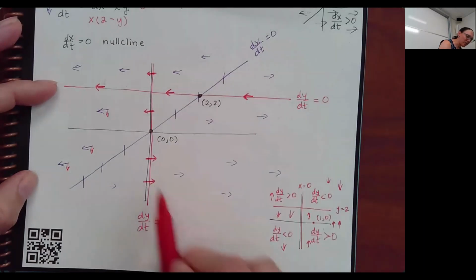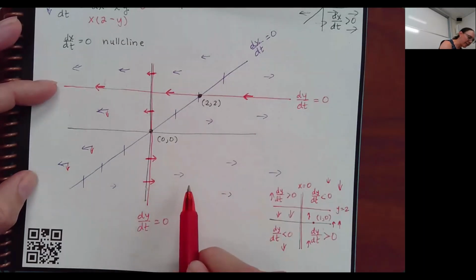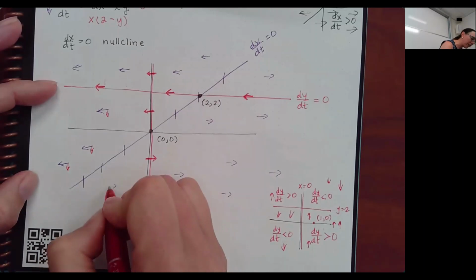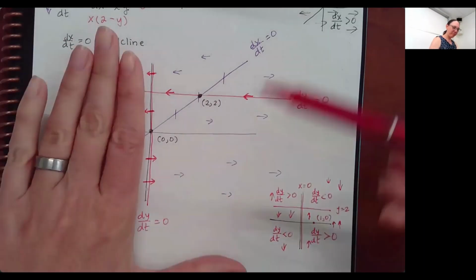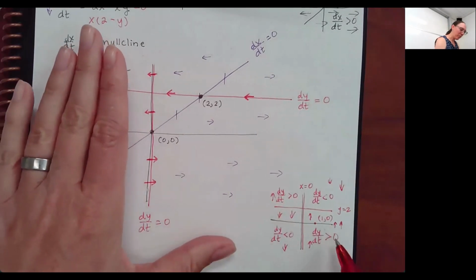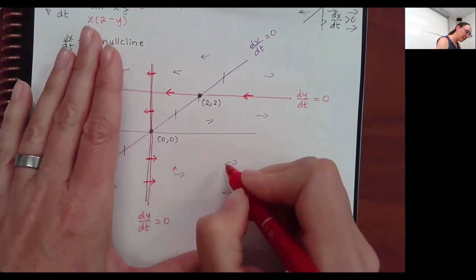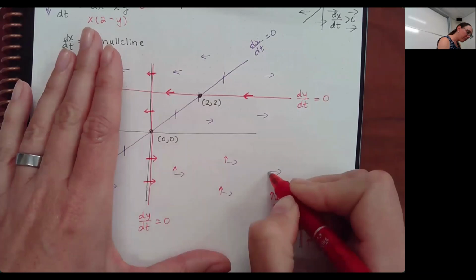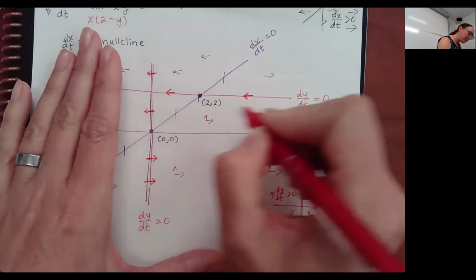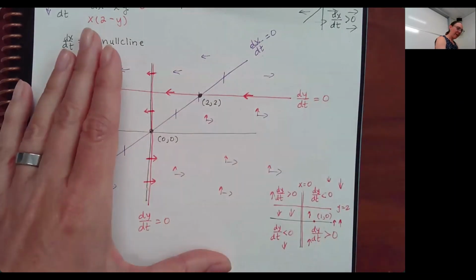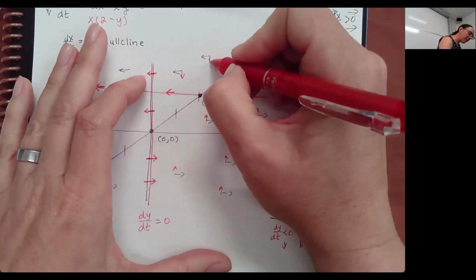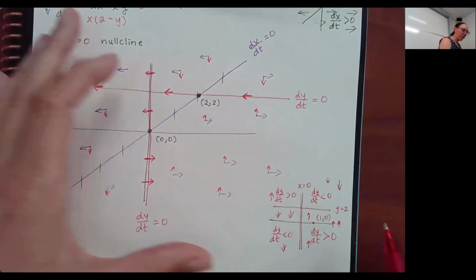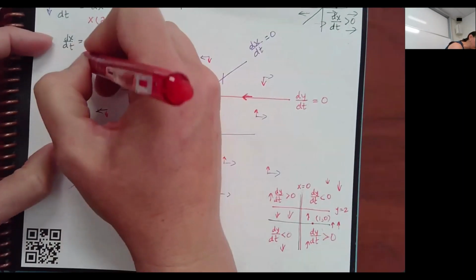Everywhere in this quadrant that's marked out, and let me go ahead and put one down here. Everywhere in this quadrant, I know my arrows have to be pointed up. Everywhere in this quadrant, they're pointed down. And everywhere in this quadrant, they're pointed up.